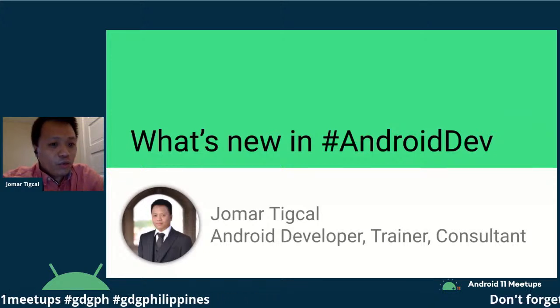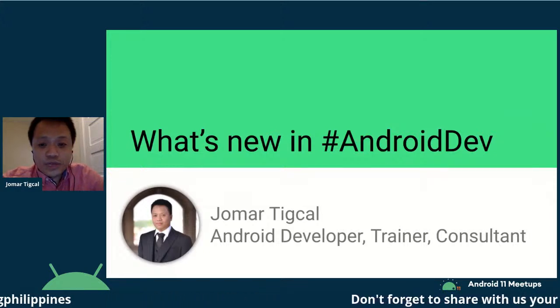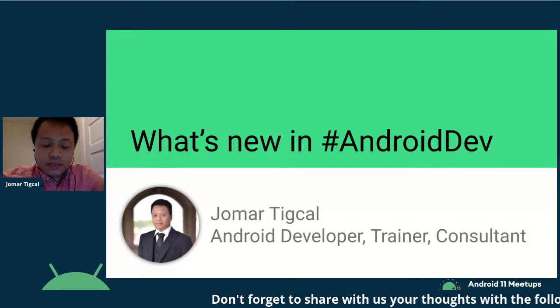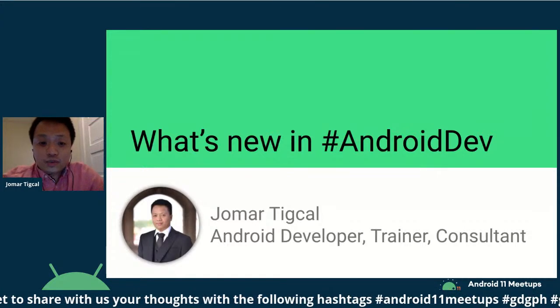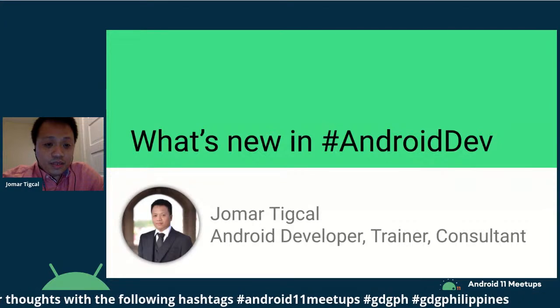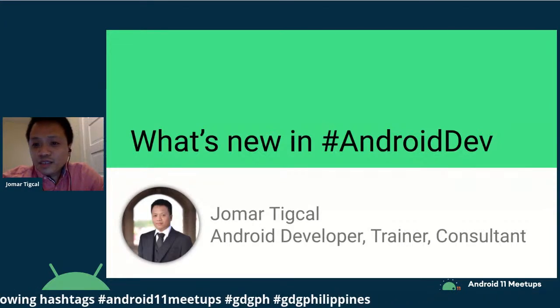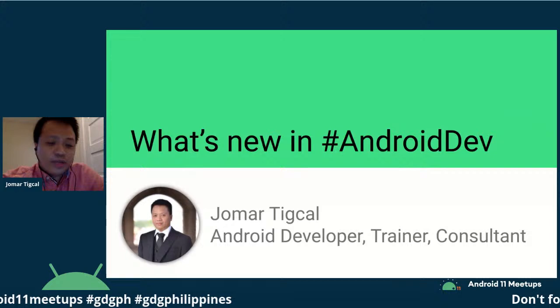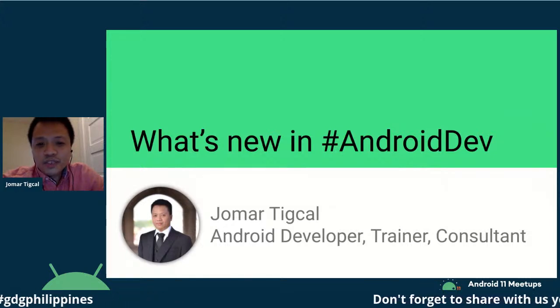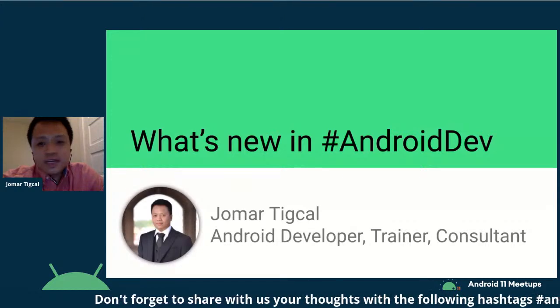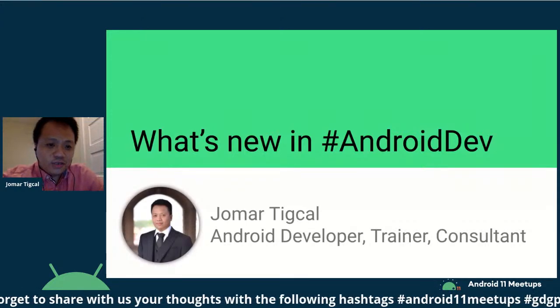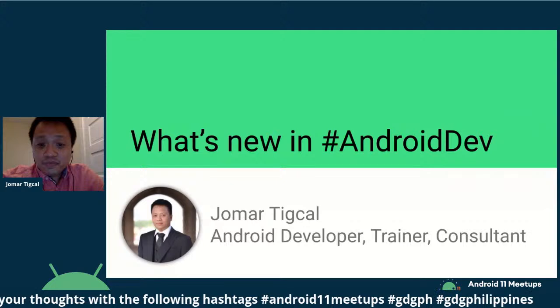So I'm here to talk about what's new in Android development, or especially what's new for Android developers. Around this time, we normally have the I/O season. They have May, June, the Google I/O, and then they announce a lot of stuff for Android developers and other Google technologies. We don't have one right now.